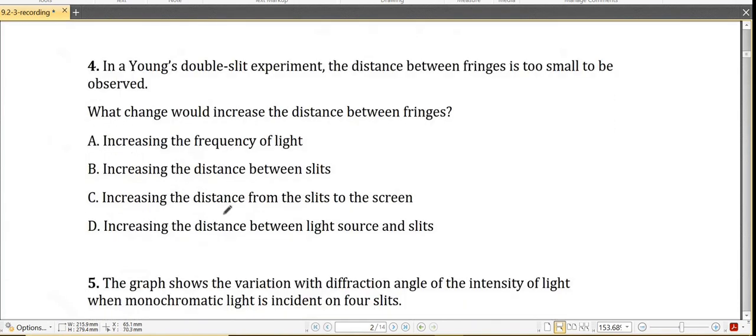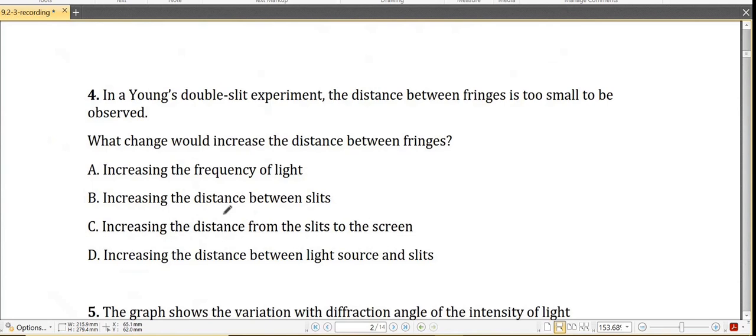Let's look at number 4. In a Young's double slit experiment, so we are moving from single slit to double slit. The distance between the fringes is too small.